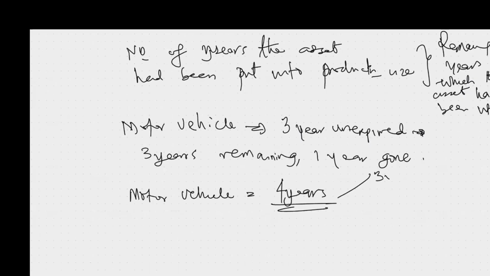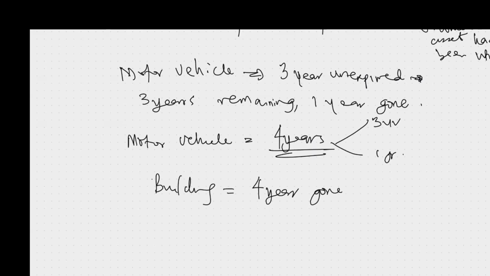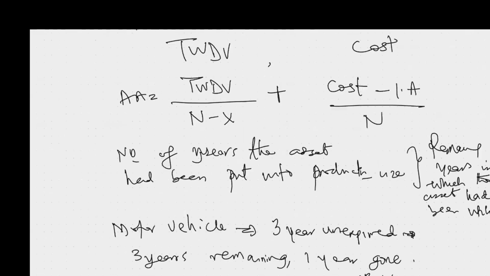For building, let's say for example, the examiner tells you 4 years gone, how many years left? 6 years. That means this tax nominal value that you are given, what does that represent? We say tax nominal value n minus x.